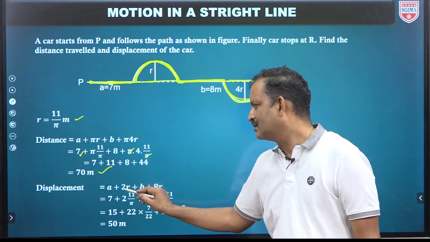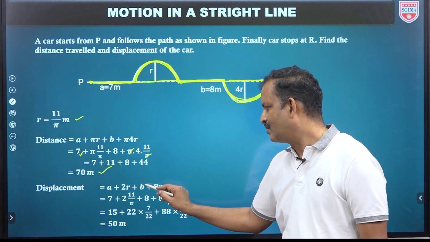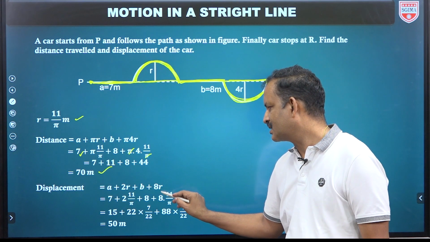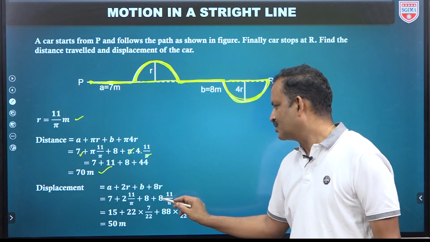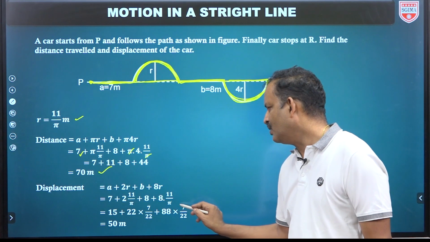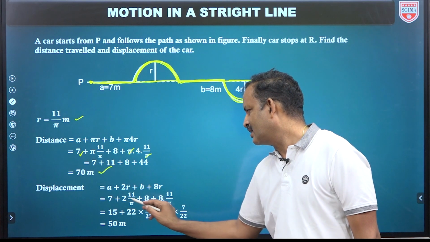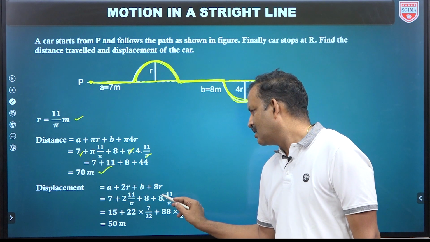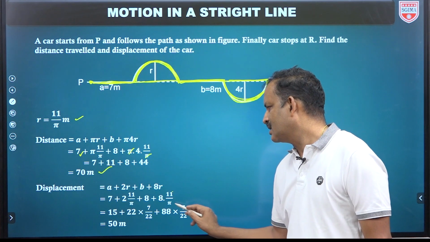Now I am substituting all these values. A is 7, 2 into R is 11 by pi, B is 8, plus 8 into 11 by pi. Then we simplify: 7 plus 8 is 15, and 8 into 11 is 88.